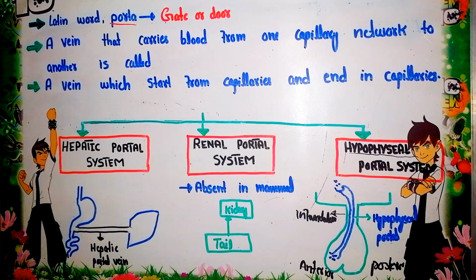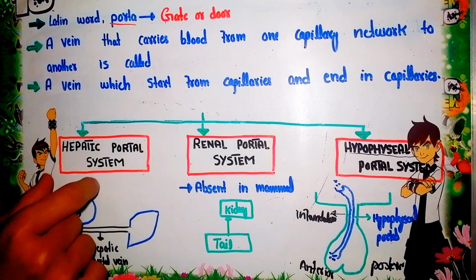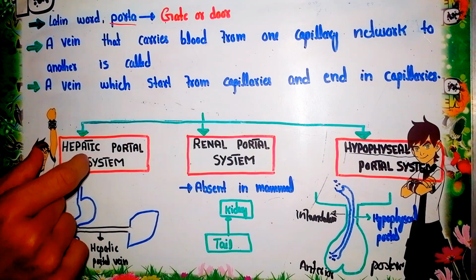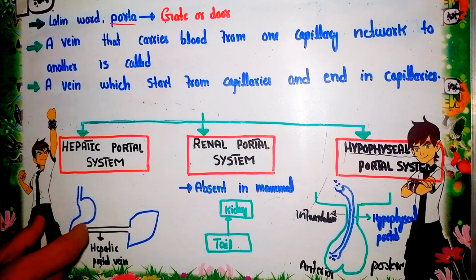Now the first one is the hepatic portal system. This type of portal system is present in all the vertebrates: fishes, amphibians, reptiles, birds and mammals. Every one of these vertebrates has the hepatic portal system. What is the hepatic portal system? This is the digestive system of our body, or you can say the GIT, gastrointestinal tract.